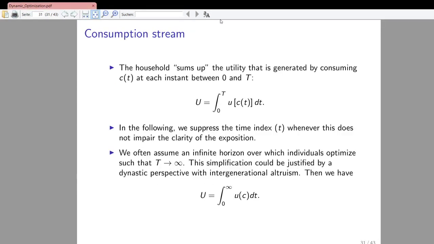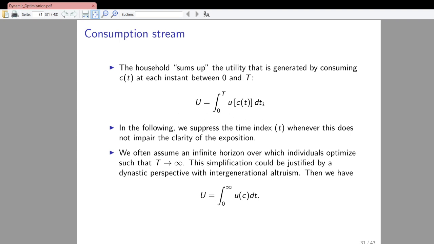So again, what a household would do is to sum up all the instantaneous utilities that are generated by consuming a certain amount C(t), and we would sum this up for all instances between the beginning of the decision period at time 0 and the end of the planning horizon at time uppercase T. Now in continuous time, it's not a sum that we have here, but an integral, because we can integrate utilities over time.